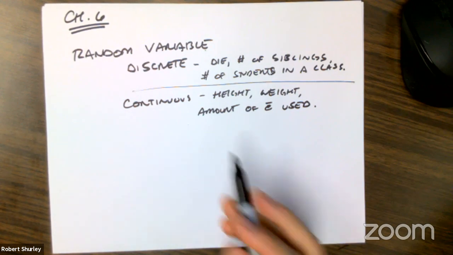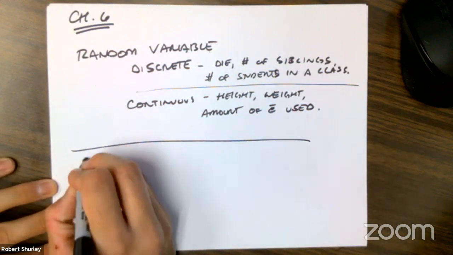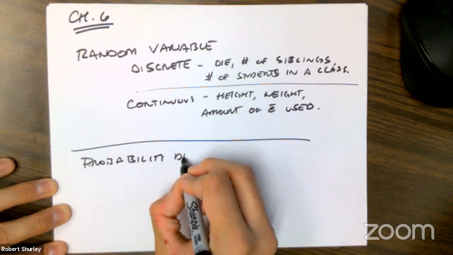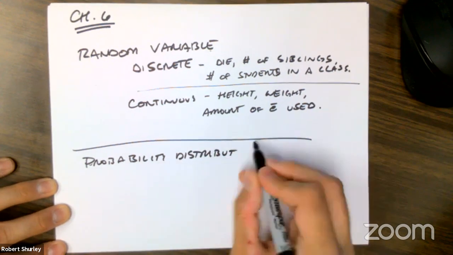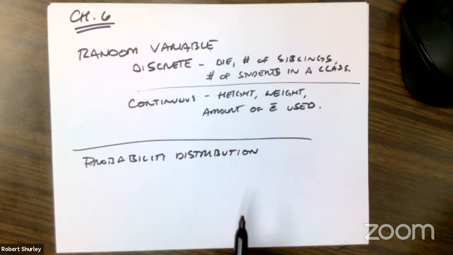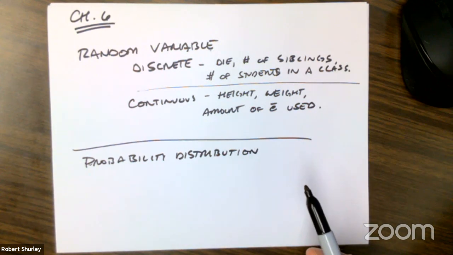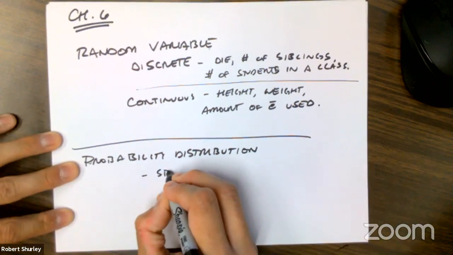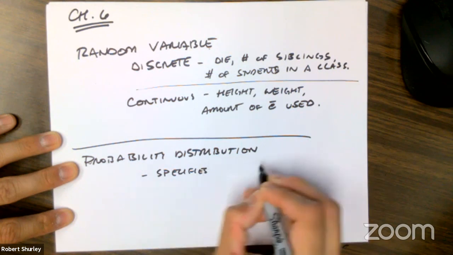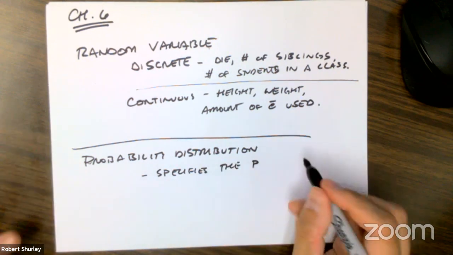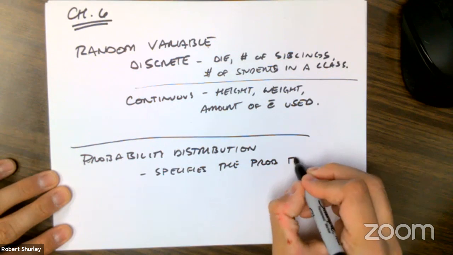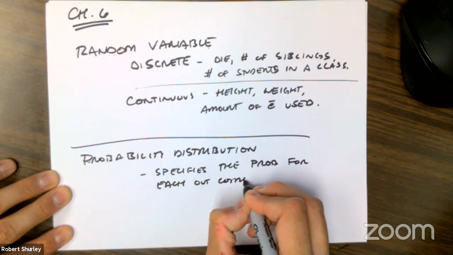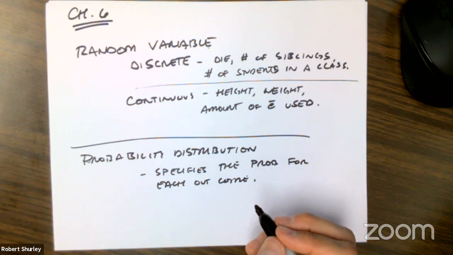And now we've got to define probability distribution. A probability distribution for a discrete random variable specifies the probability for each possible outcome. So it specifies the probability for each outcome, okay, for each outcome.